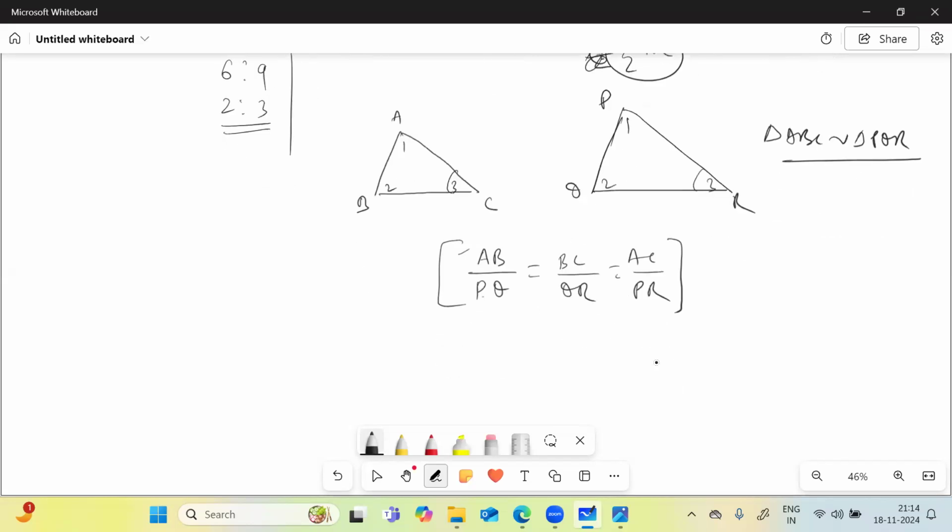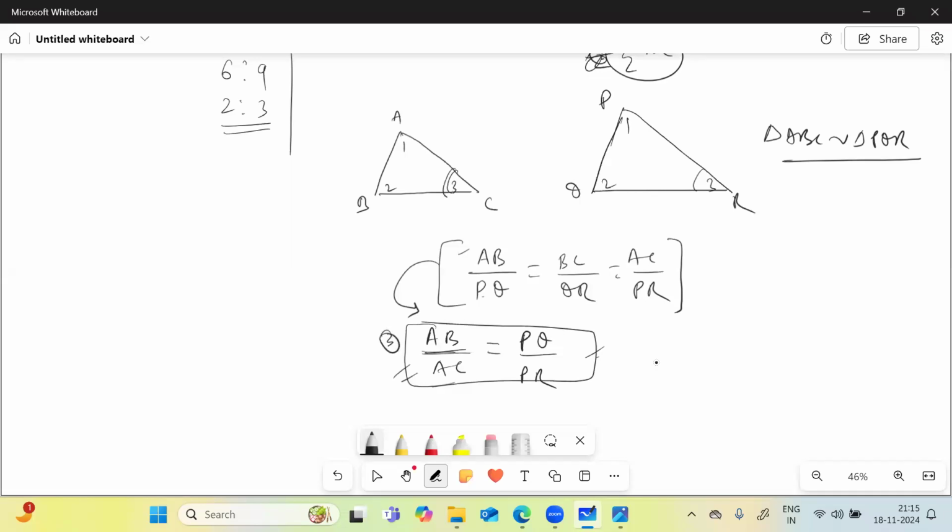In another way, we can write that AB by AC will be the same as PQ by PR. This particular result I can get from the previous ratio also. Again, if you want to take this ratio, you have to make sure the angles are chosen rightly. AB is the side in front of angle 3.